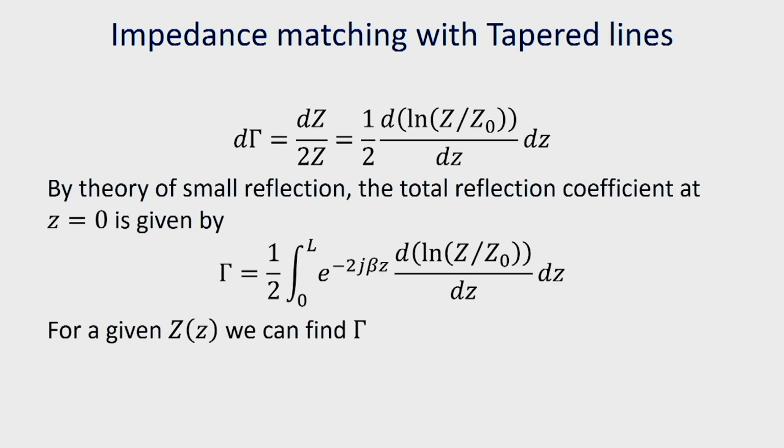Please note that if we know Z of z, that means the impedance variation as a function of distance z, we can find gamma. So, let us see how we can do that.